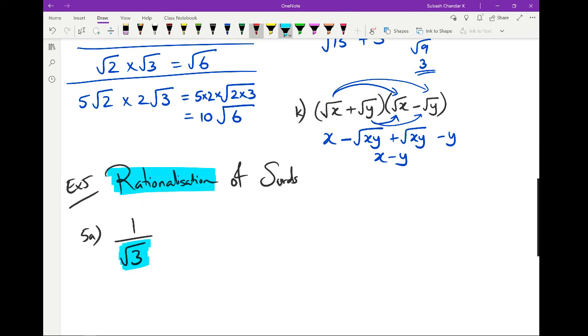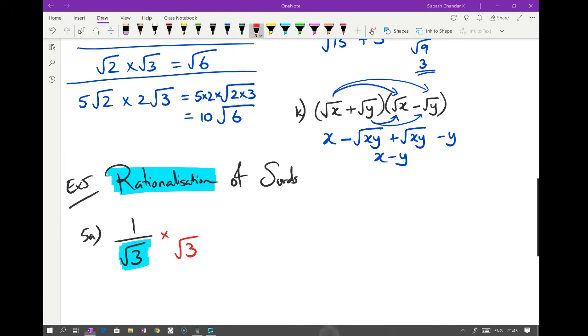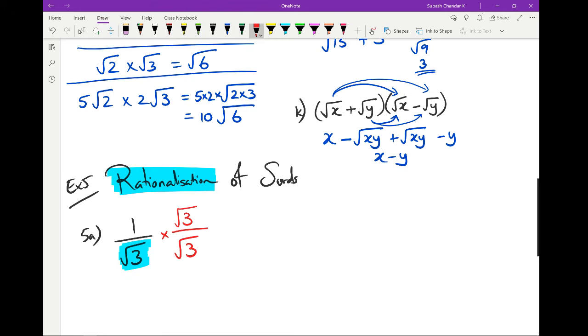So if you look at this, in this case, we've got square root of 3 in the denominator. That means we want to get rid of that square root symbol. The only way we can get rid of that square root of 3 is by multiplying the denominator with another square root of 3. But that means we also have to multiply the numerator by square root of 3.